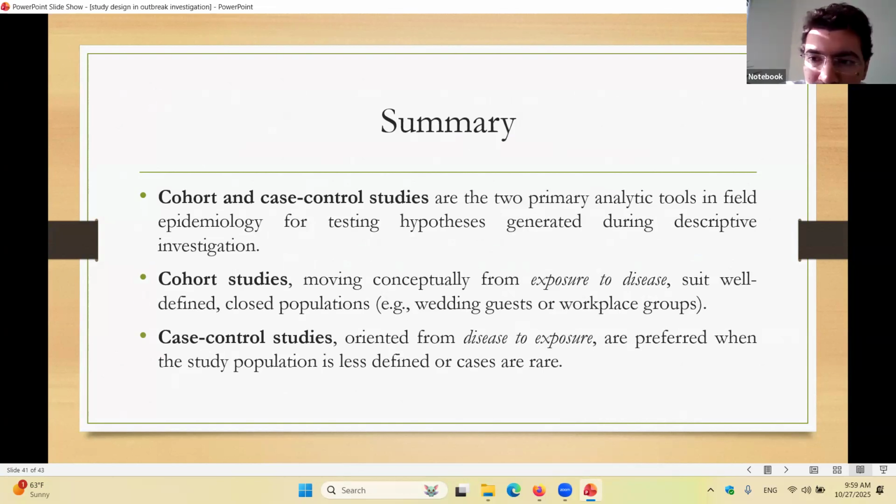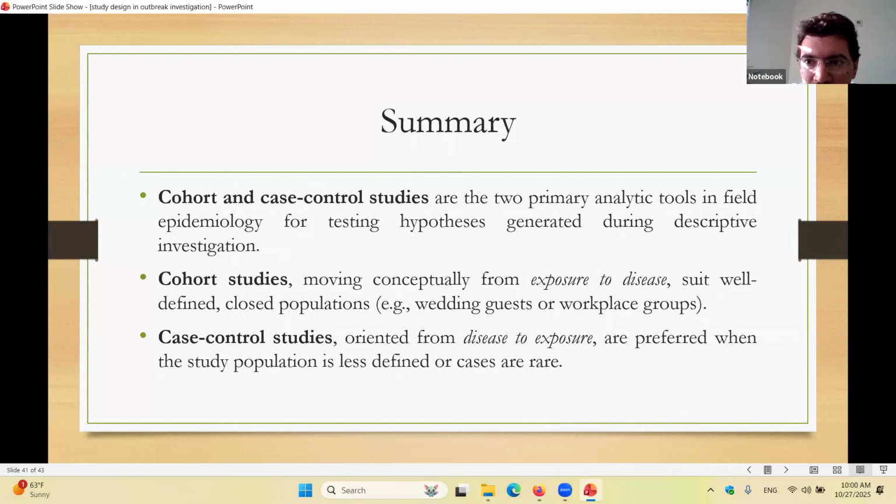So I summarize my presentation at the final step. Cohort and case control studies are the two primary analytic tools in field epidemiology for testing hypotheses generated during descriptive investigation.